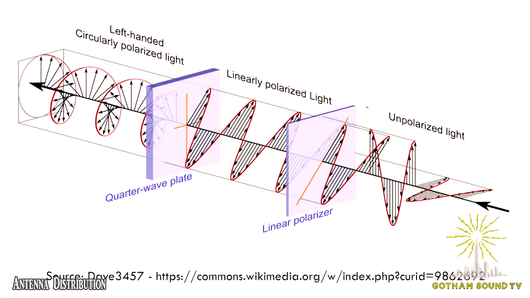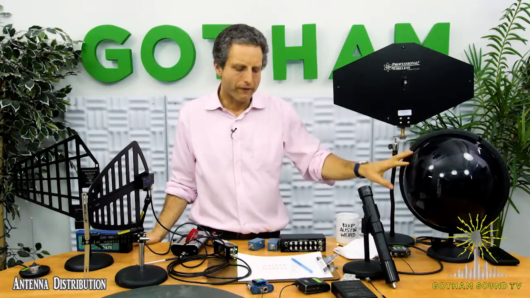On the right-hand side of the diagram, it's RF energy in all directions. And if we have something that's sensitive to only one polarization, then literally a whole bunch of energy is wasted. Whereas if we have something that's sensitive to all polarizations, then we can capture all of that energy. And so I find that really handy.